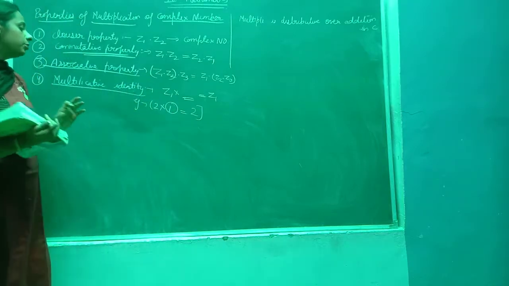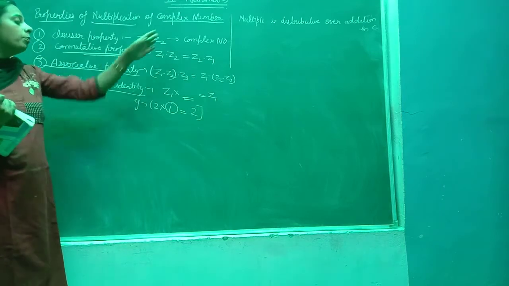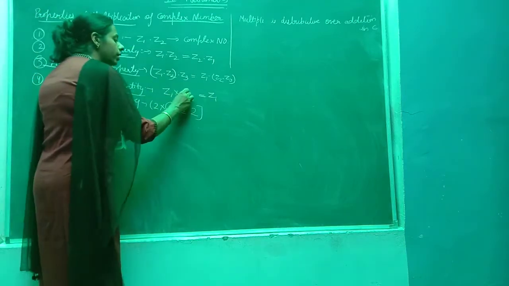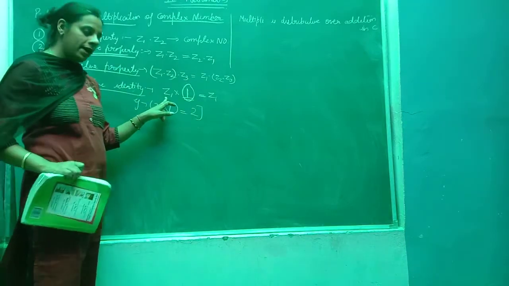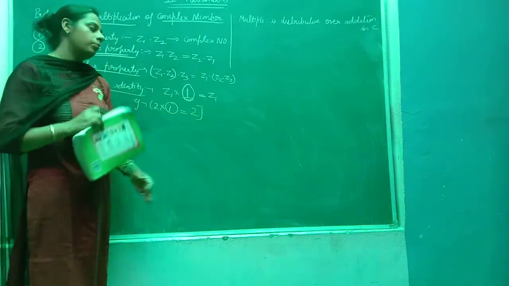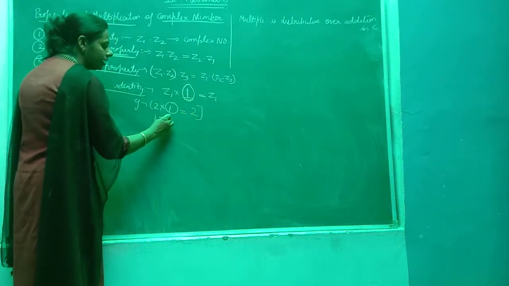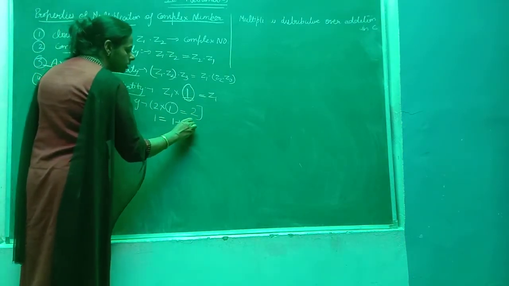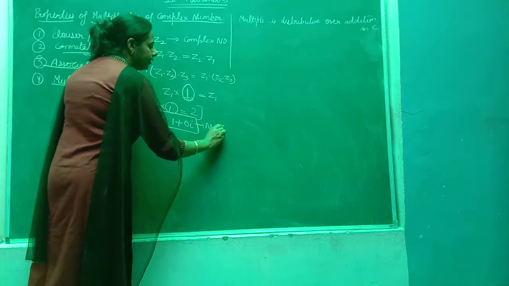In algebraic terms, one is the multiplicative identity, but in the case of complex numbers, there is also one complex number which, when multiplied with a complex number, gives the same complex number. But this is not written as a complex number, so you will write it as 1 plus 0i. This is your multiplicative identity.